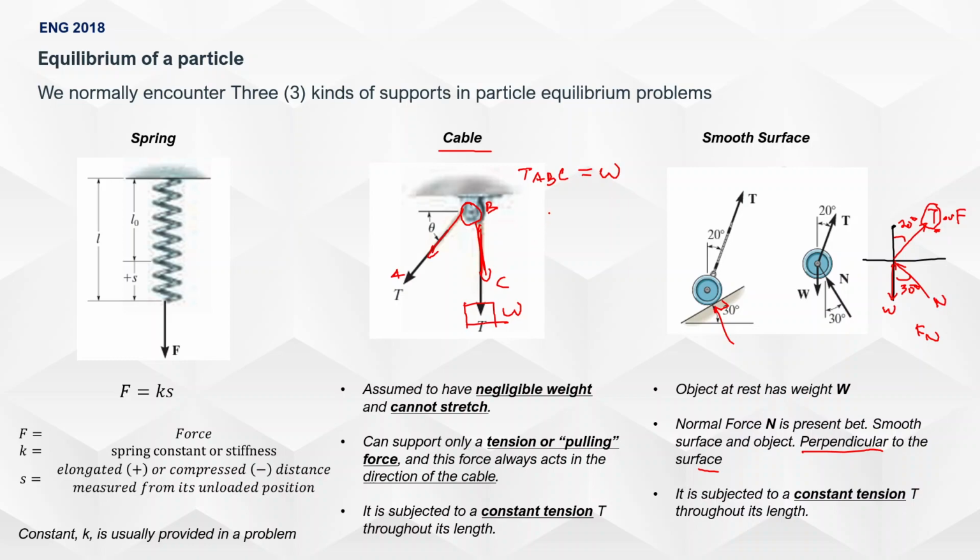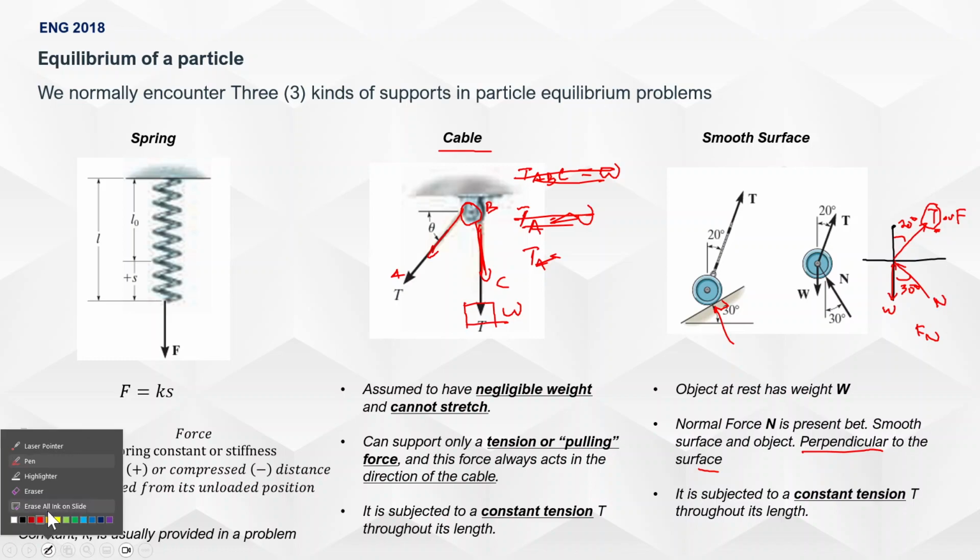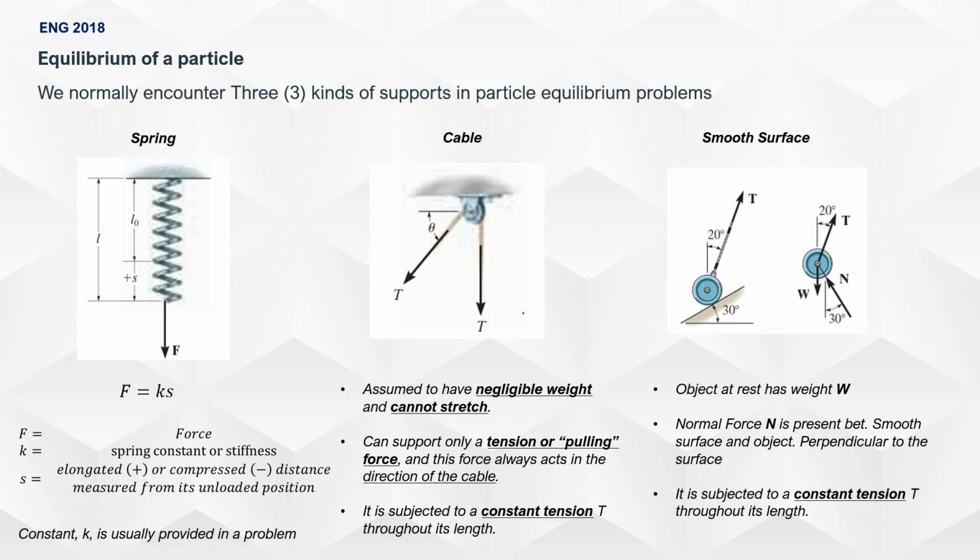Get it? Because pulleys and cables are just used to transfer forces. Okay? So in this case that will be TA is equal to W. Okay?